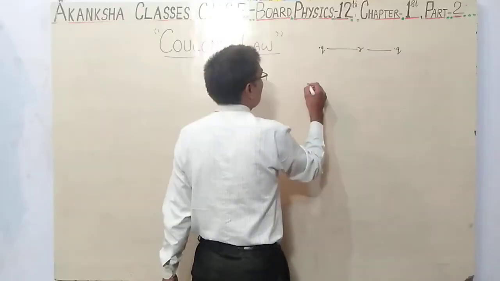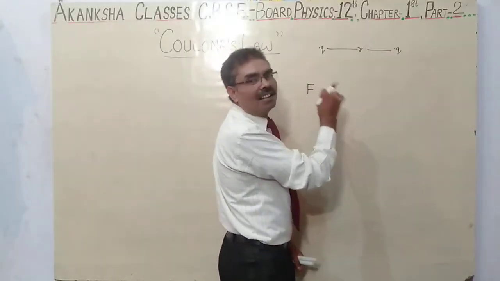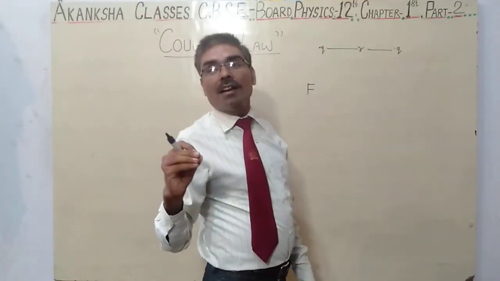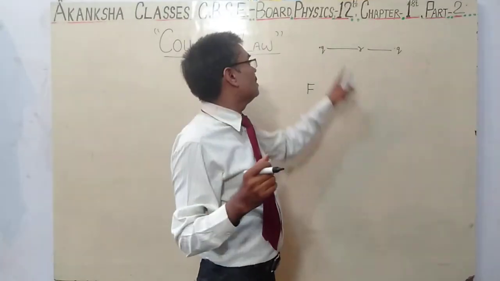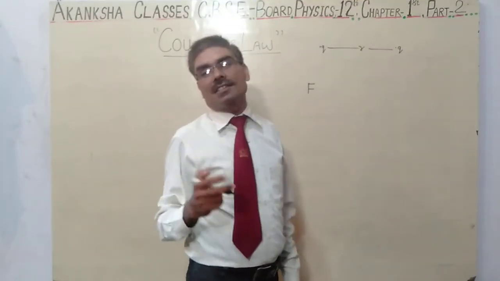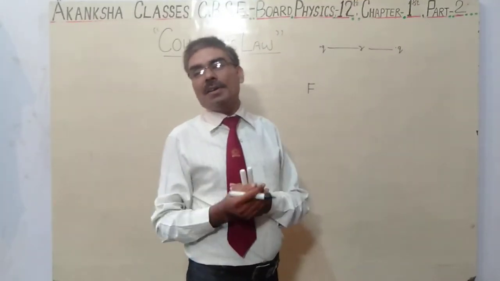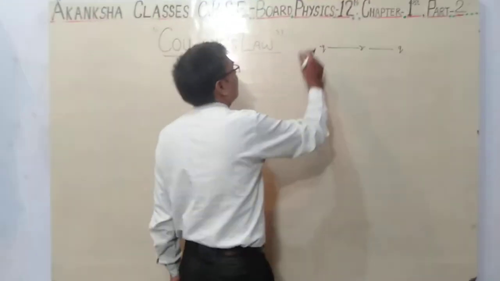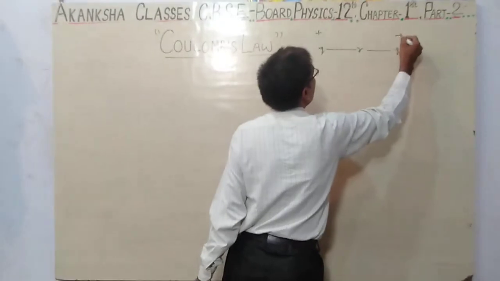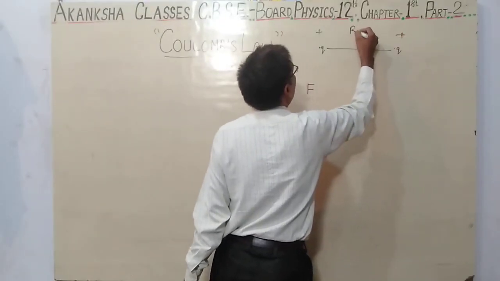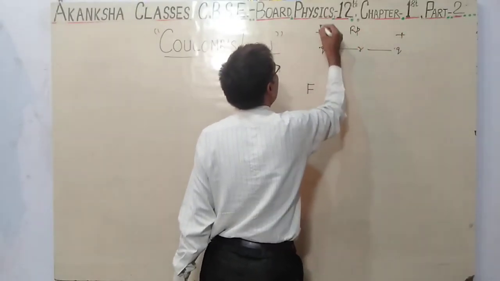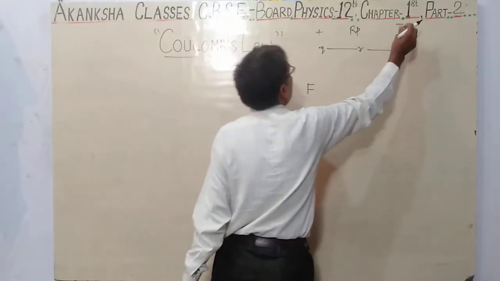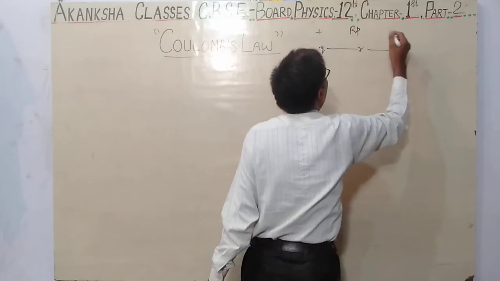that a force of attraction or repulsion, because the force due to the virtue of charge may be of two natures, repulsive as well as attractive. If both are positive or both negative, repulsive, but if one is positive and the other is negative, then attractive.